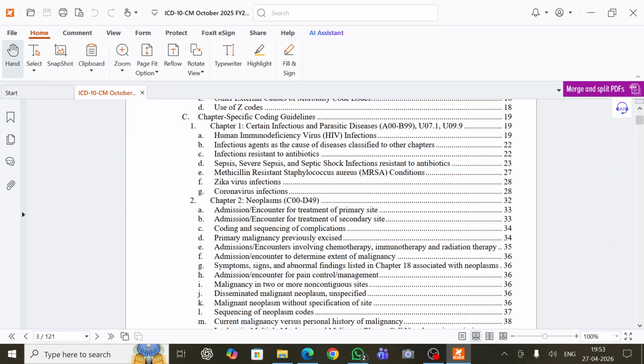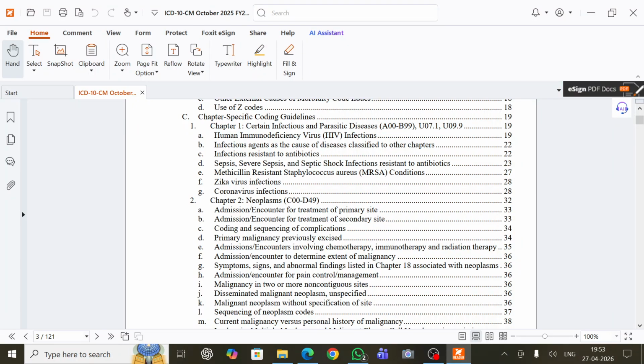Also used are U07.1 and U09.9. You will see these codes and assume it is very difficult, but it's not, it's very easy, and you can simply search in the software and enter that code.